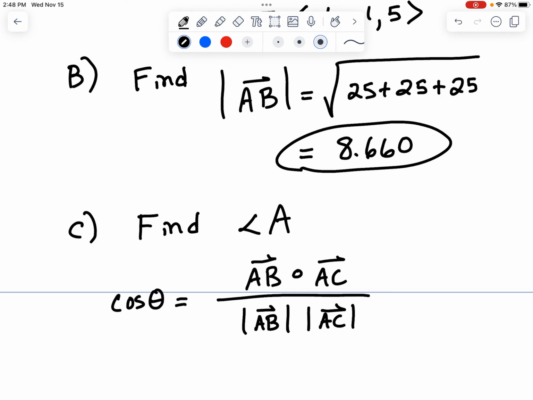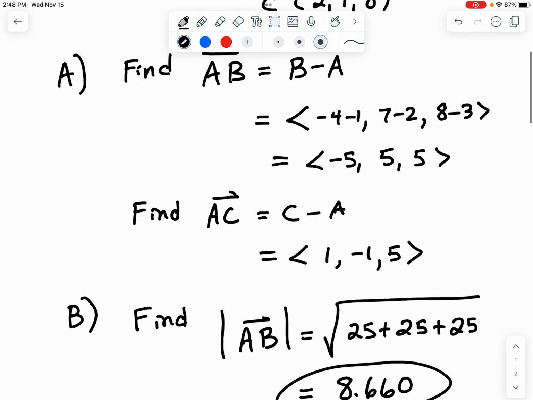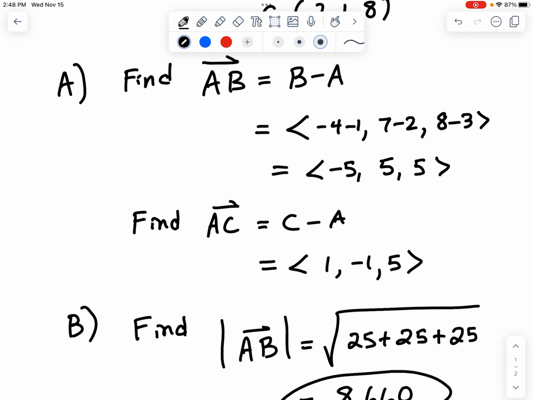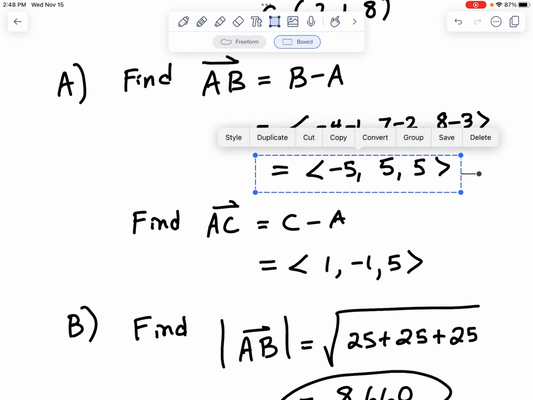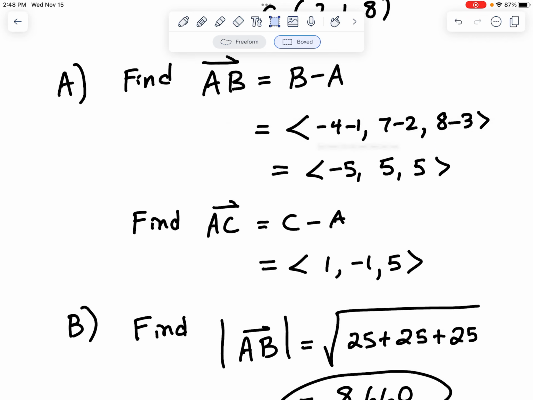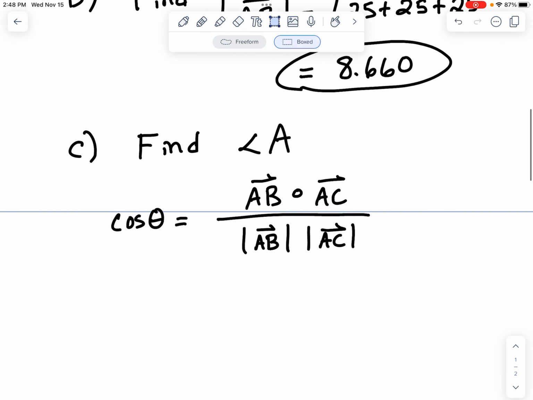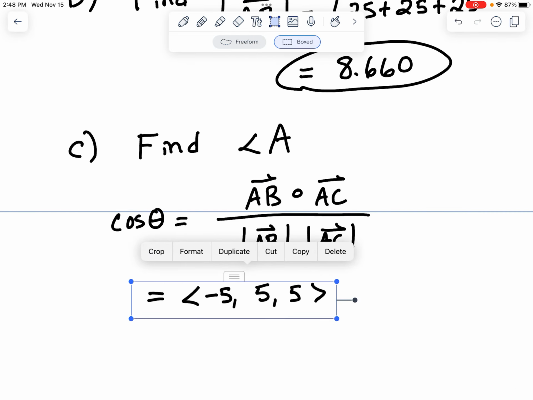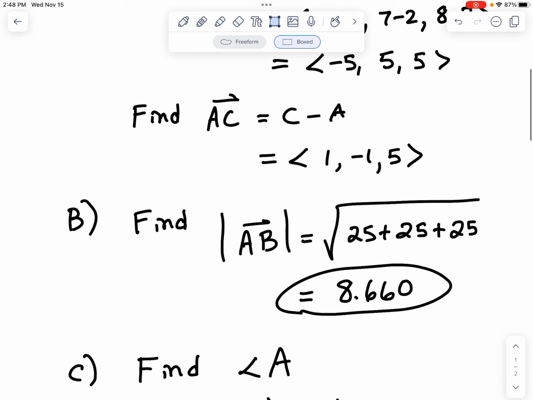All right, so for the dot product, what I need is this vector and I need this vector.